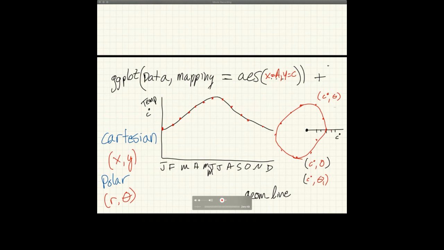So again, that is the angle and the radius. And so polar plots are really useful when you have cyclical data, when at some point you get back to where you started and you want the presentation to be continuous.